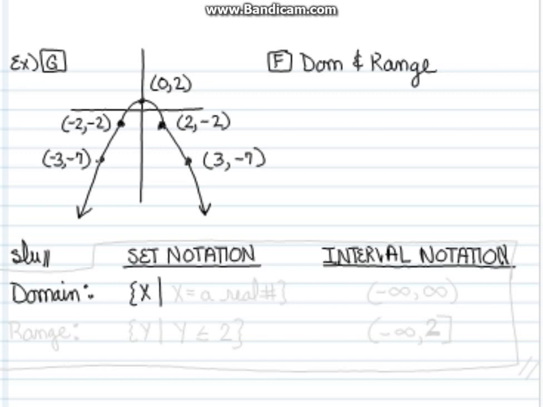That says the set of all x values, and then that bar means such that, and now we're going to list a condition on the x values. x equals a real number. Close your curly set bracket. So let me read that again. That says the set of all values x such that x is equal to a real number. In other words, that means all real numbers.